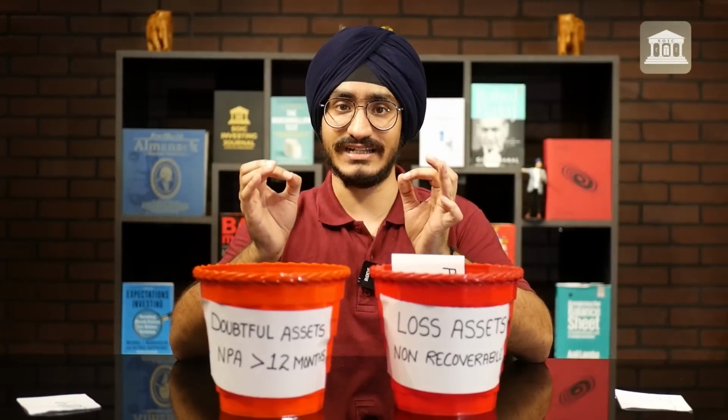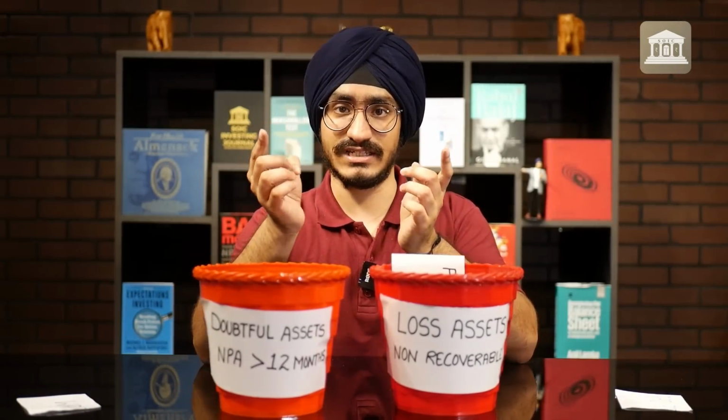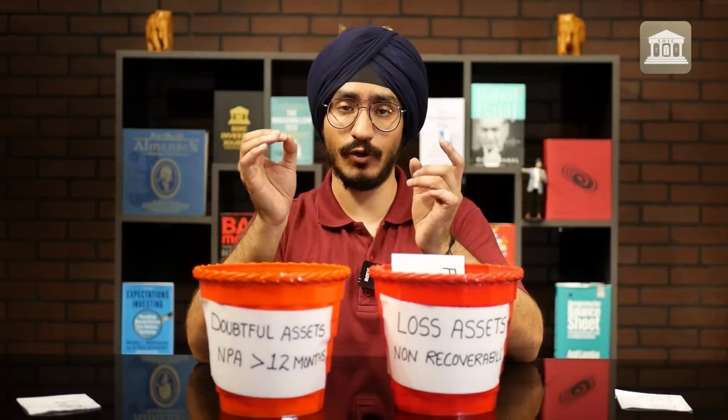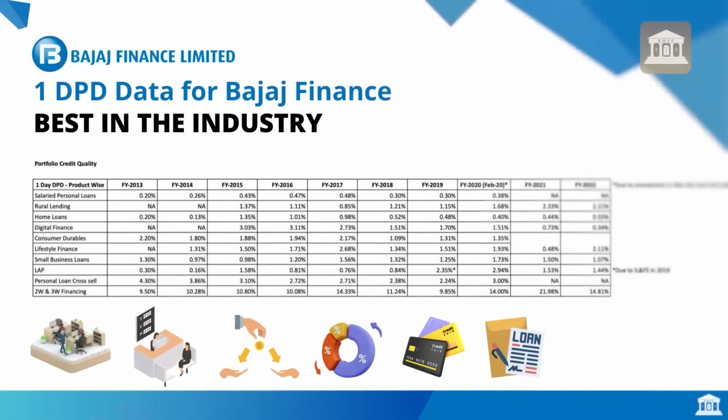Also, look at the 1 day past due data, that after the first day, the loans didn't come back. If you look at this data, Bajaj Finance in the NBFC industry is by far the best and it's a gold standard. 1 plus DPD for Bajaj Finance in salaried personal loans is anywhere between 0.2 to 0.4%.